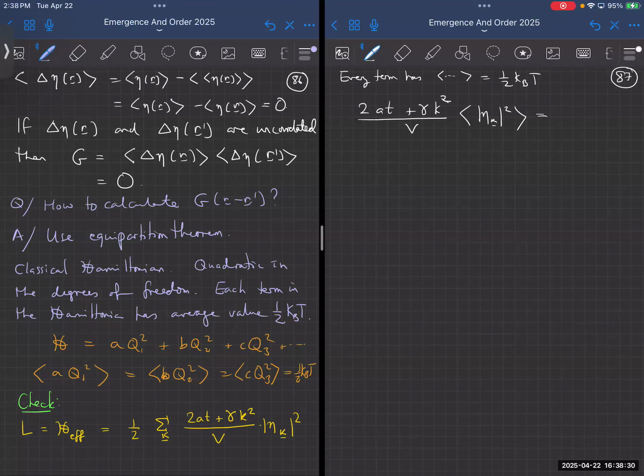That has got to equal 1/2 kBT. And I think I need a half in here to make this correct, but you can double check that. Okay, so that's the result. Is this correct?